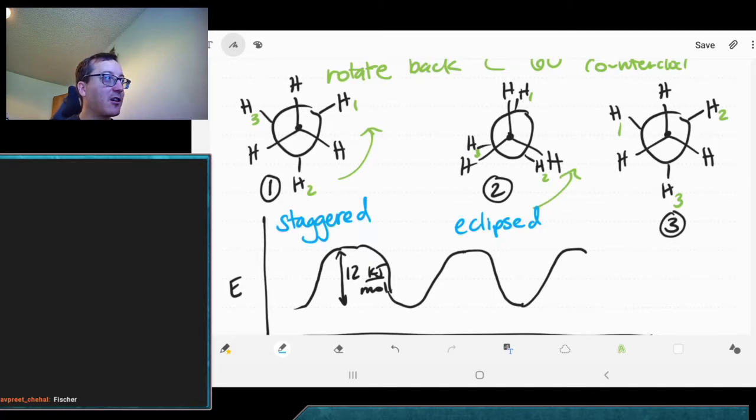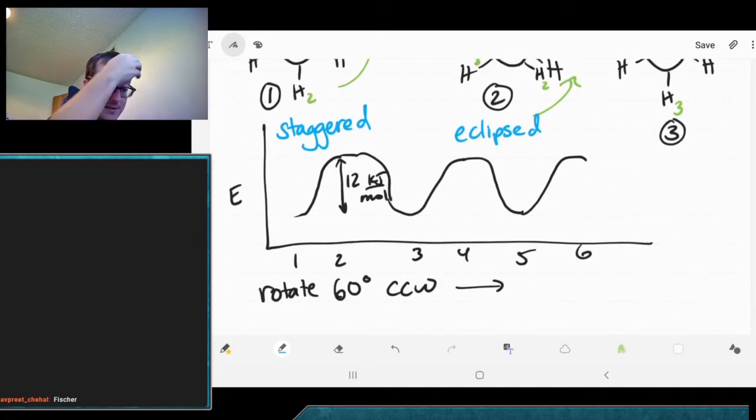It's called staggered breathing. It's the same idea here, where everything is nicely separated from each other, and that's called staggered. So 1, 3, and 5, I've not drawn 5, but it's the same as 1 and 3, are staggered conformations. 2, 4, and 6 for this molecule will be eclipsed conformations.